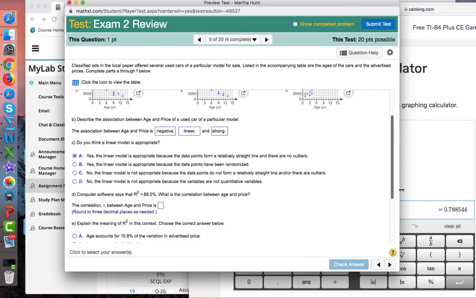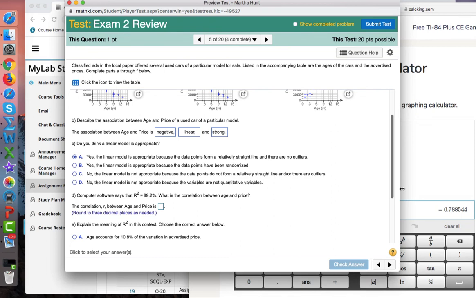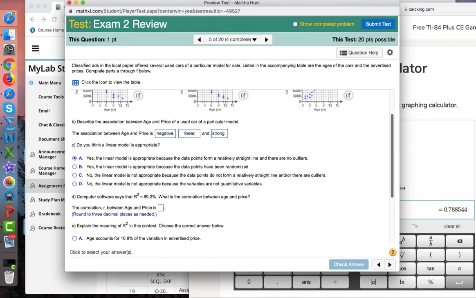R squared is 89.2%. So we need to find the correlation. Well, that's going to be the square root of that number, and we're going to have to attach a negative sign because the correlation is negative.